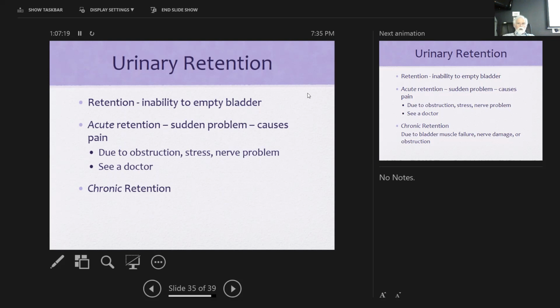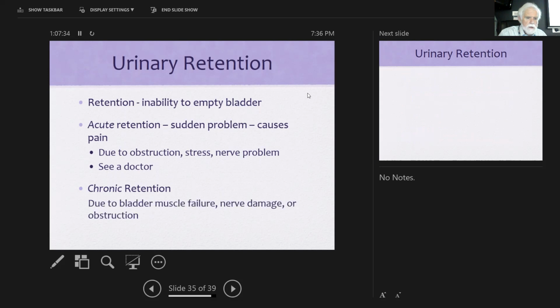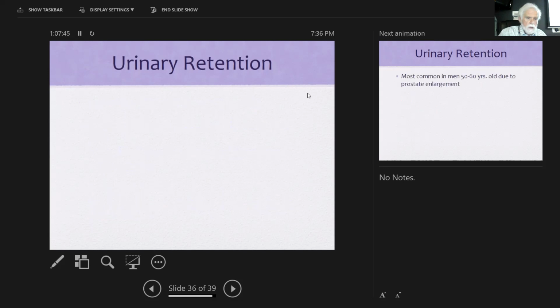Obviously, an obstruction like a kidney stone that's lodged in the urethra. And we can also have stress and other problems. And really, at that point, you should be seeing a doctor, because if it turns chronic, it can turn to kidney failure. Chronic retention is long-term, and that can be due to many of the same causes.